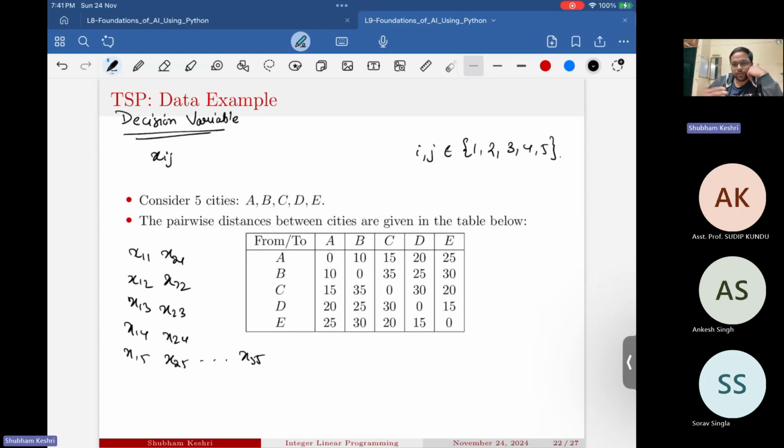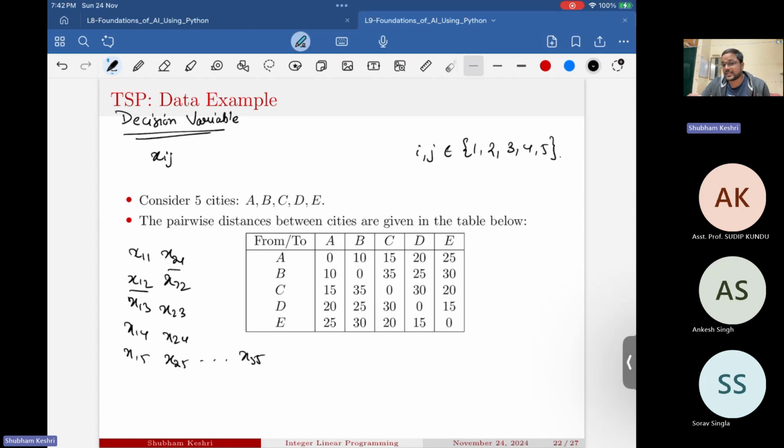You can ignore one half of these decision variables. Why? When I'm saying x12 and x21, no, we have to keep that, right? Because the direction matters. If you go from 1 to 2 and if you go from 2 to 1, those are different things. So you cannot ignore the half. So we'll have 5 cross 5 decision variables xij.